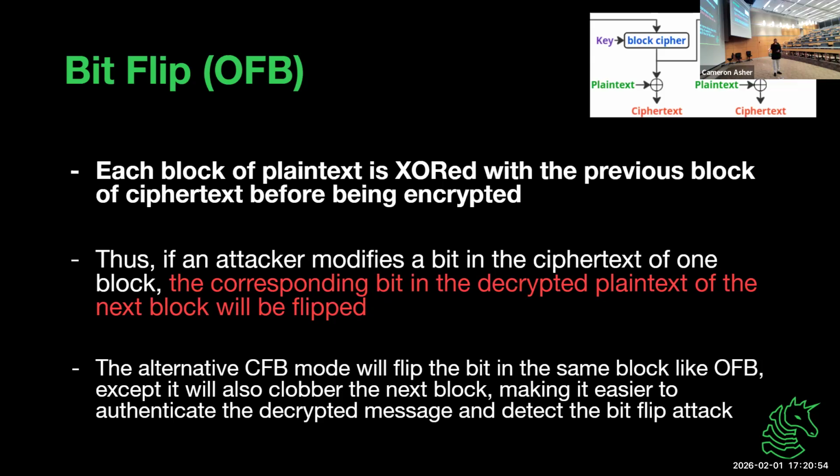And so if you want to send a plain text to someone and you want it to decrypt to a specific value, then we can do that, just by flipping the same bit in the ciphertext.